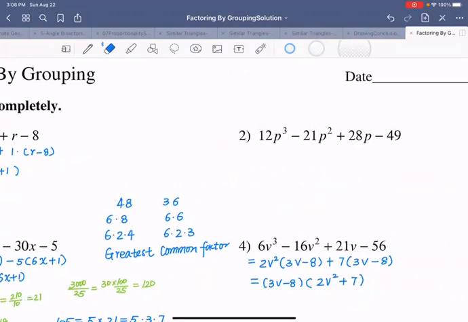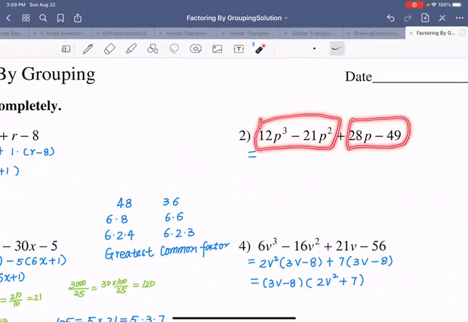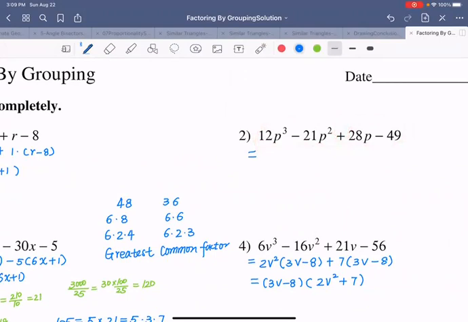Ethan, let's do number 2. We will do the same way. We will take care of the first two terms and take care of the last two terms, okay? Go ahead. Hey, hold on. I think something wrong with your microphone. Can you try to speak slowly? Try one more time.